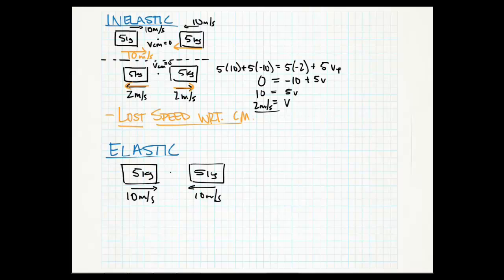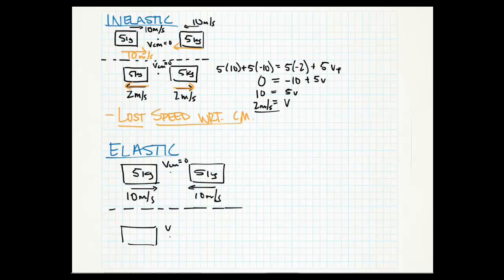And we know here that the velocity of center of mass is 0. So for this elastic case, afterwards, they're going to hit and they're going to bounce off. You can probably guess what's going to happen.